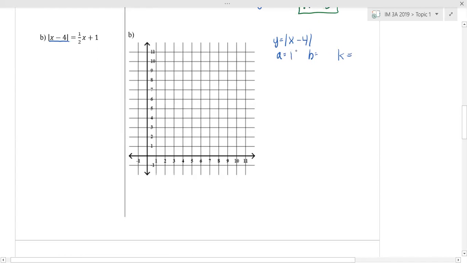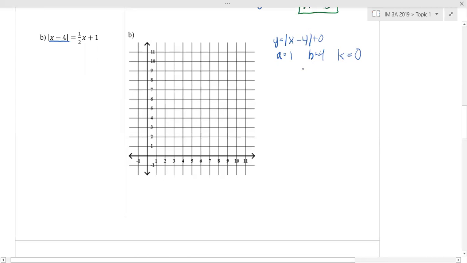Since there isn't a number, that means a is 1. H is the number that's being subtracted from x. And so that means h is positive 4 because it's x minus 4. So 4 is being subtracted. The other trick is whenever there's a number inside the parentheses, it's always the opposite sign when you identify that coordinate. And then k is the number that's being added on the outside. This technically has a plus 0. And so that means that k is 0.